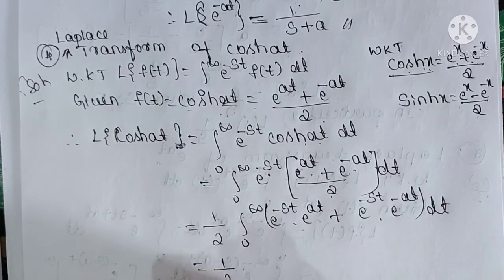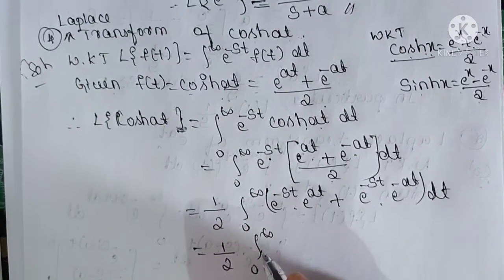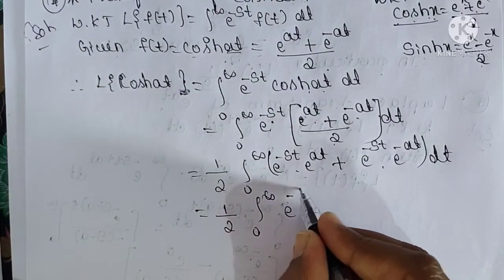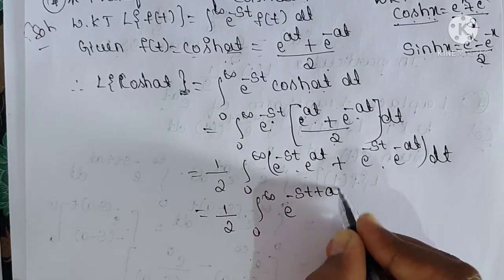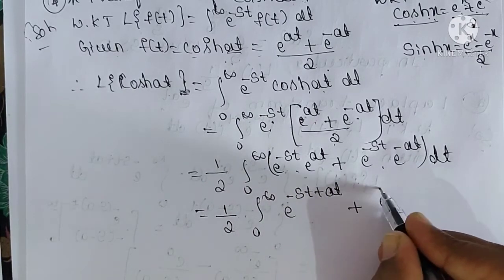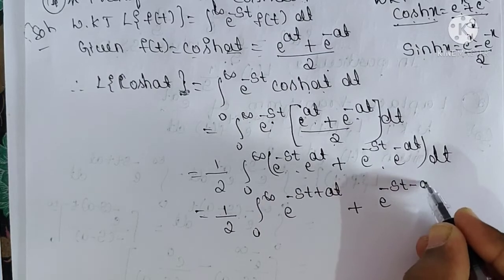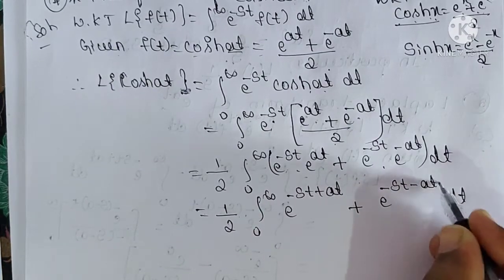1 by 2 as it is, integral from 0 to infinity of e to the power of minus st plus at plus e to the power of minus st minus at dt.